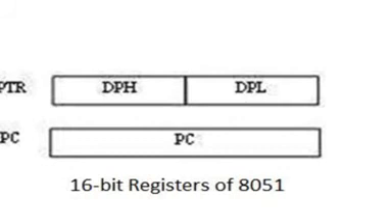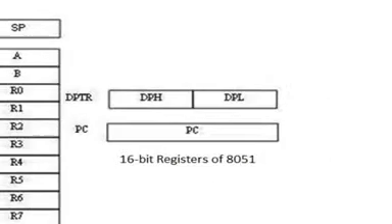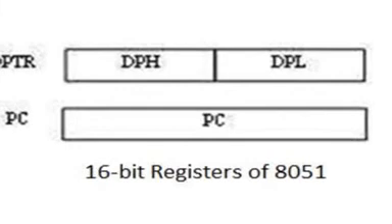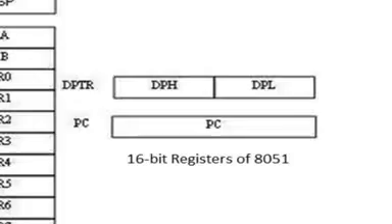DPL is the lower order of the 16 bits, and DPH is the higher order. In the same way, we can write the PC, the program counter. Both are 16-bit registers. PC can be written in the format PCH for higher order and PCL for lower order.